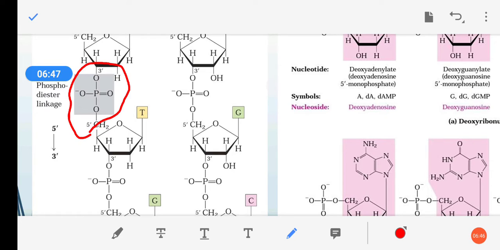The 5' phosphate group of one nucleotide is linked to the 3' hydroxyl group of the other nucleotide. Each nucleotide will be linked in such a manner to form the ribonucleotide or the deoxyribonucleotide chain.